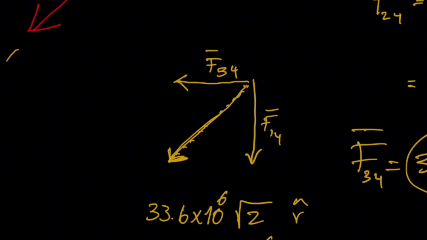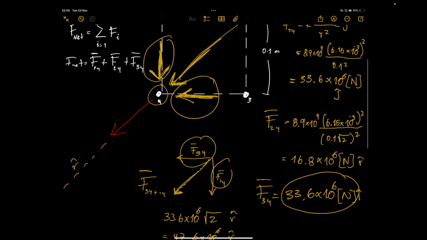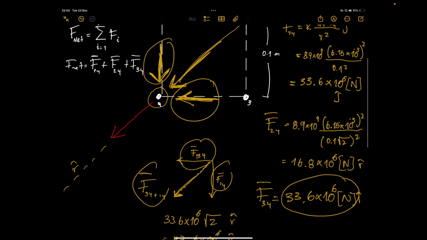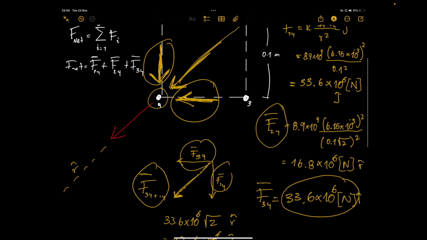So let's put a name on this. This is the force F3 on 4 plus F1 on 4, because it's the result from these two. Now we have to gather this and this force, and we need to just make it one.